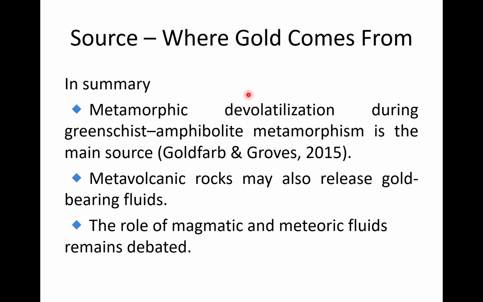So in summary, you can say that the source of fluids, and generally also the metals and metal-binding ligands, are generally thought to come from metamorphic devolatilization reactions, typically as rocks move into greenschist to amphibolite facies.